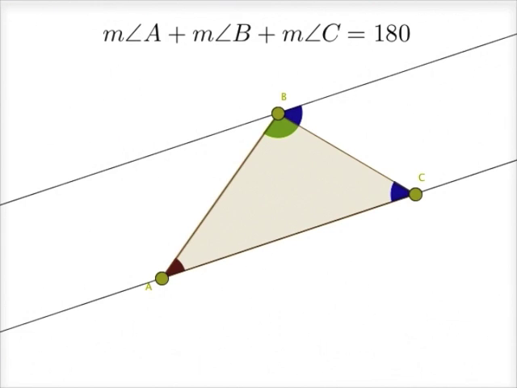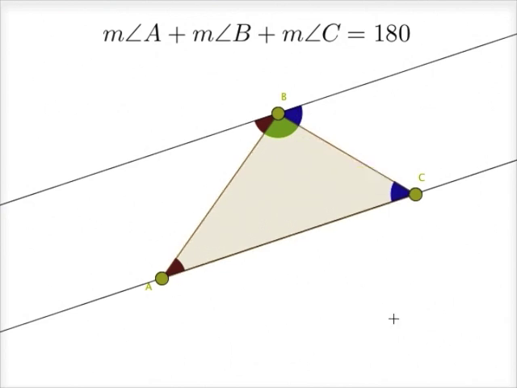Now instead of that line, what if we consider this line? Well, that line is a transversal crossing two parallel lines, means that this red angle, angle A, is congruent to this angle, because they're alternate interiors as well. So what that tells me is that the red, the green, and the blue together form a straight line.